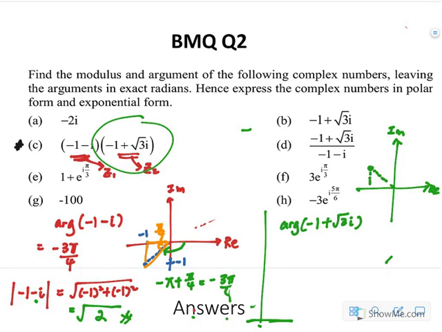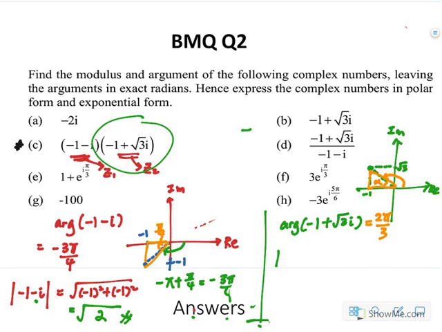Okay, and then from here like that, this would be your basic angle. So you just take pi minus tan inverse, and you should be able to get that the argument here is equal to 2 pi over 3.